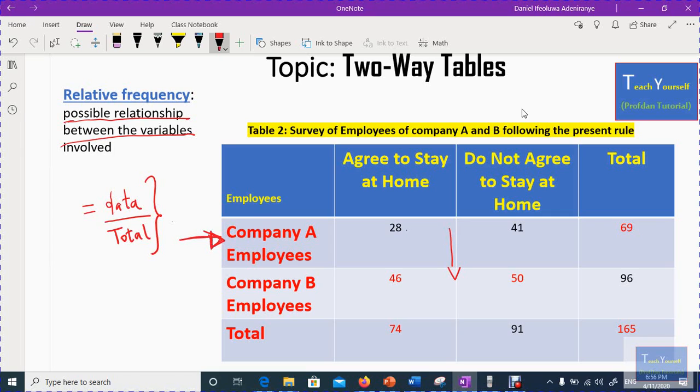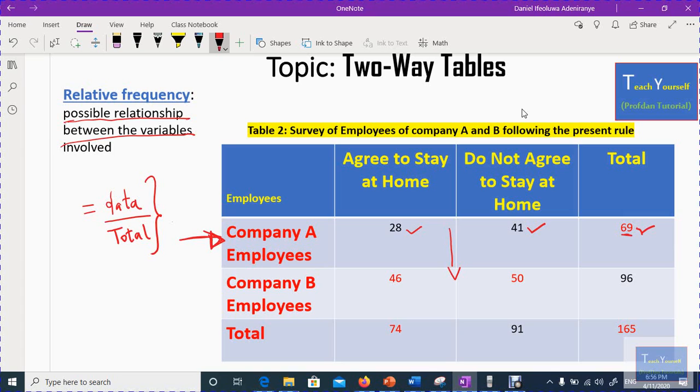We have 28 of them who agree to stay at home. We have 41 of them who do not agree to stay at home. And the total number of employees in company A is 69. So this is the row, and in terms of row, the total is 69.